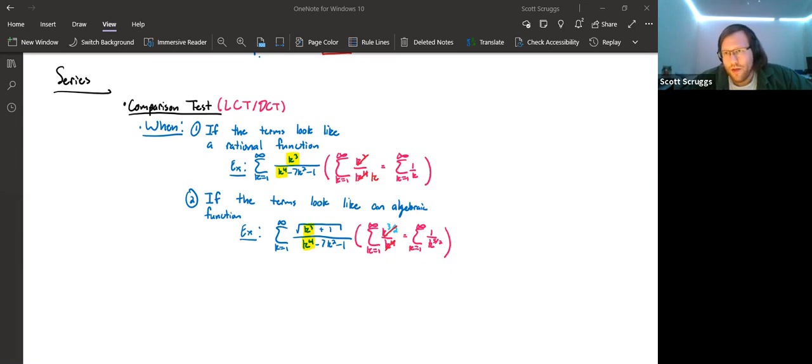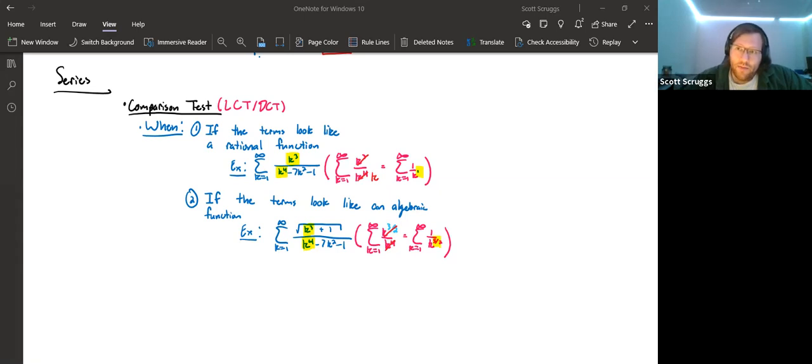Now, for both cases 1 and 2, note that after simplifying, the series that I got to compare with are P series. In the first example, that one will be a divergent P series because P is 1. Second case, that will be a convergent P series because P is 5/2.